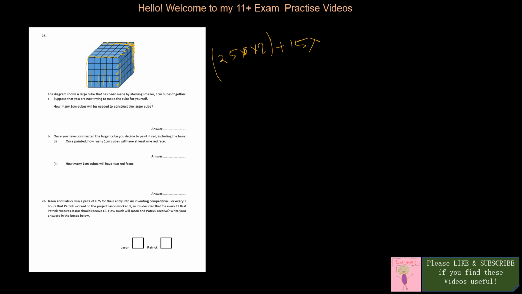And 15 plus, there will be 15 at the bottom as well. So plus 15 times 2, right? And then we got to cover the sides. 1, 2, 3. 1, 2, 3, 4.